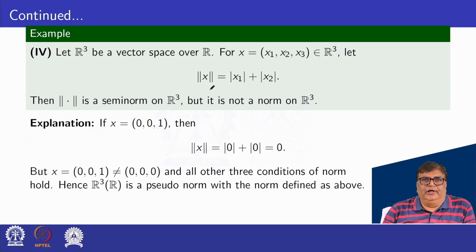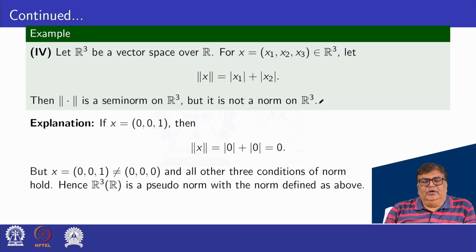Example of a pseudo-norm. Let R cube be the vector space over R. For x equal to (x1, x2, x3) belonging to R cube, let norm x be equal to |x1| plus |x2|. Then norm is a semi-norm on R cube, but it is not a norm on R cube.